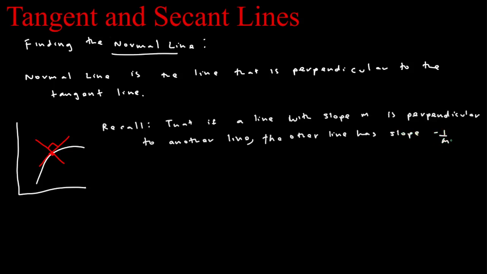Basically, when two lines are perpendicular, their slopes are negative reciprocals of each other. And this concept is going to help us find out the normal line, right?